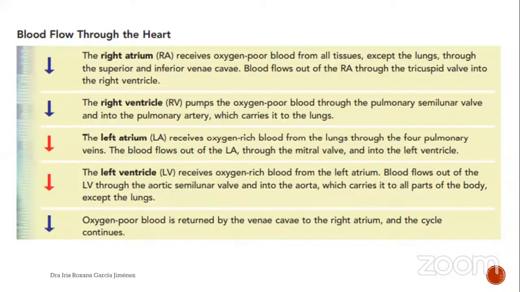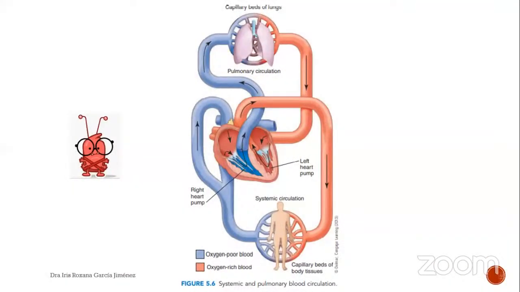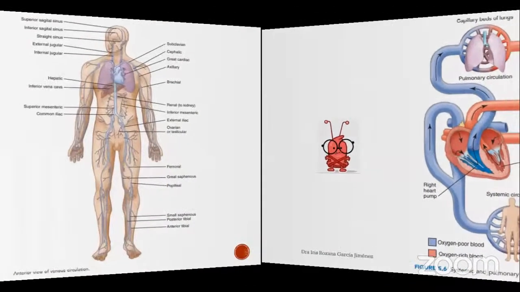Just as information, not for evaluation, we have the blood flow through the heart. For taking into account more vocabulary, it's for you, if you consider it necessary. And then again, a general view of the circulatory system, okay?